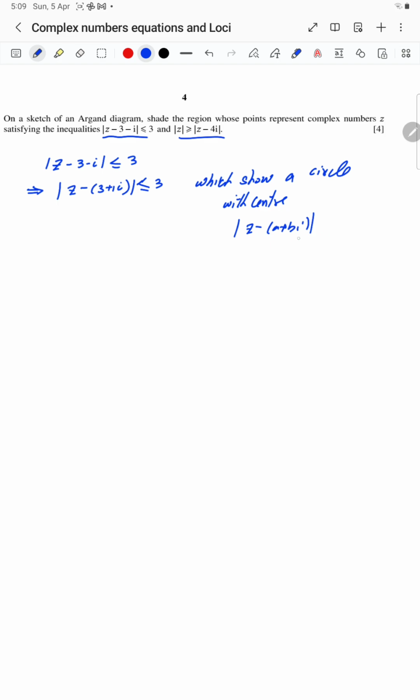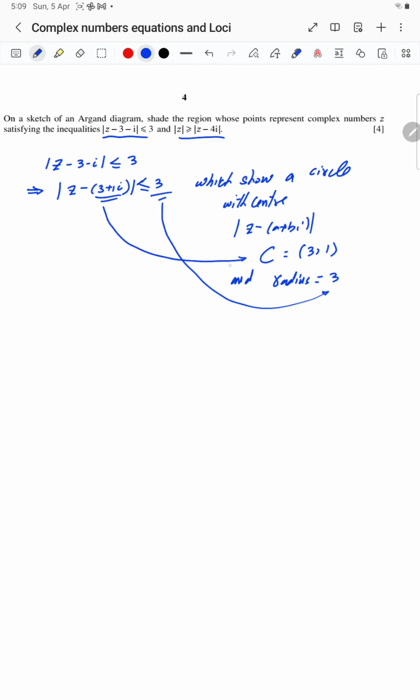So the center will be 3 comma 1, and the radius is 3. This is the radius and this represents the center. I hope it is very much clear.